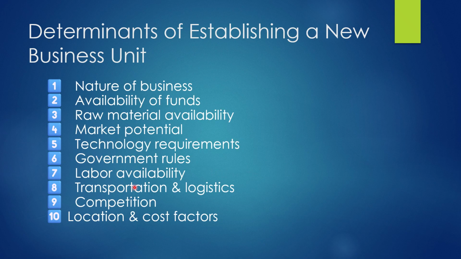Next is the transportation and logistics, which is very, very essential for the supply chain and distribution of the products. The competition around it impacts the pricing and the location decision. And finally, the location and cost factors, which include rent, electricity, taxes. It also affects the overall profitability of the business. So these determinants shape how the business is planned and how it is going to launch.